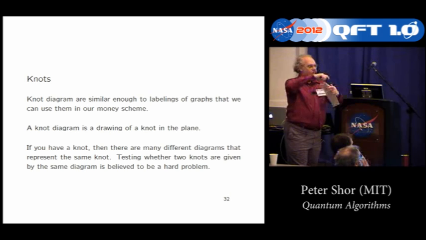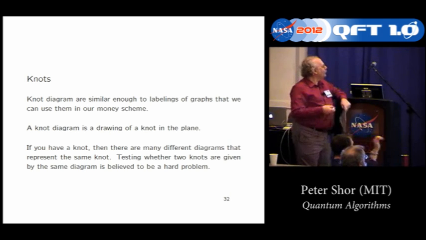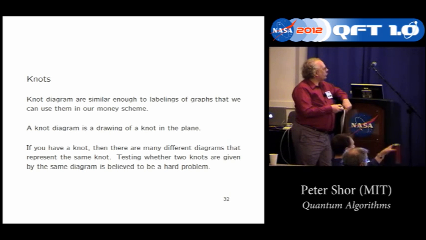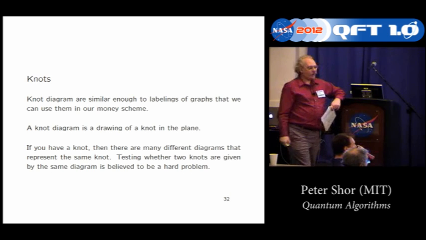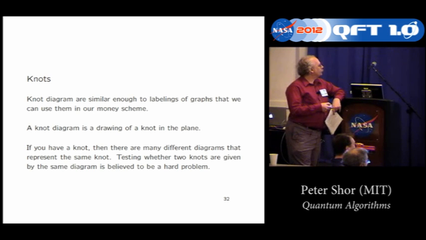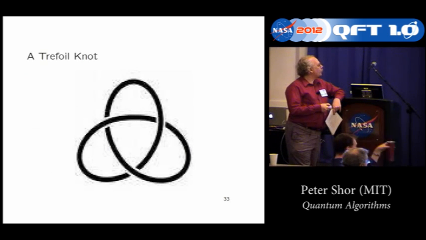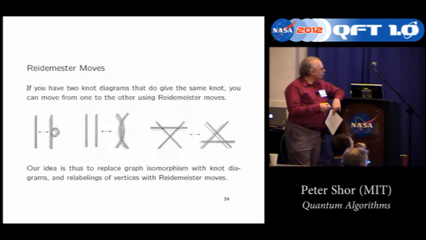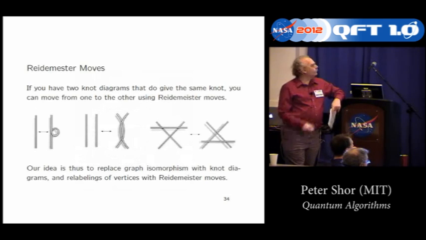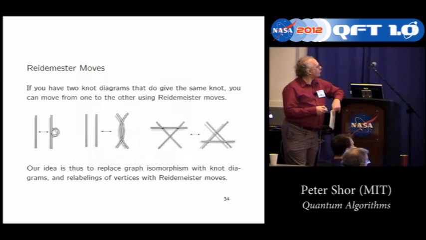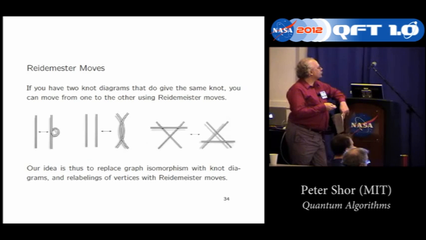You can tangle it up and everything. And there are many, many different planar diagrams that represent the same knot. And I should say nobody knows how to efficiently test whether two diagrams represent the same knot.